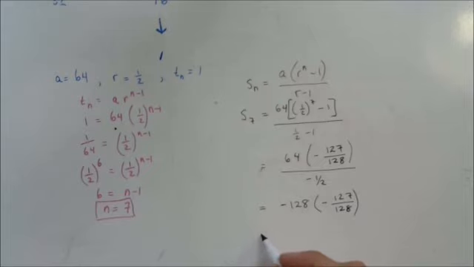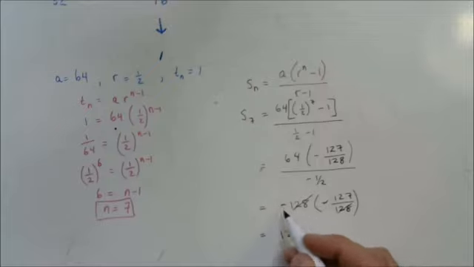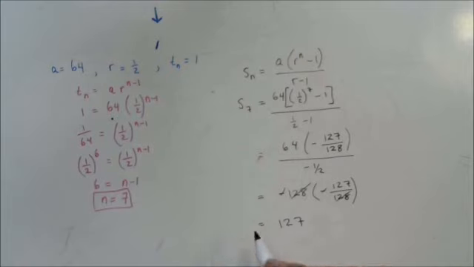Okay, now I have a value in the numerator that's being divided by 128 and multiplied by 128. I have 2 negative factors. 127.